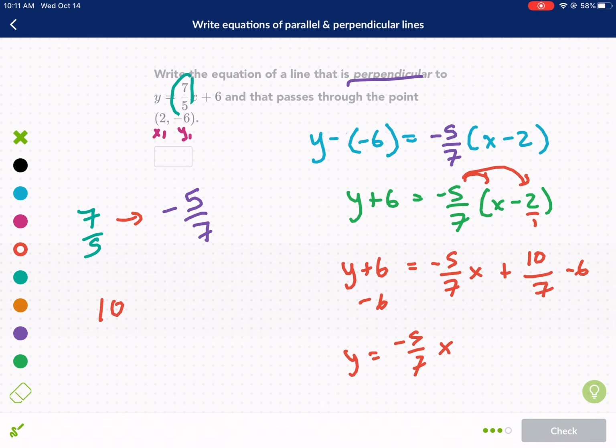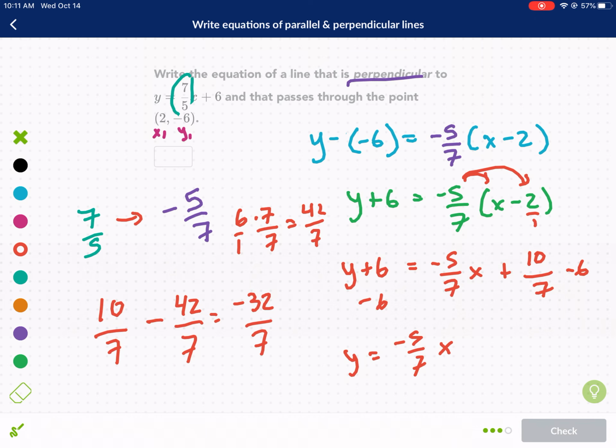And what I'm going to do is convert 6 into a fraction with 7 in the denominator. So I need to multiply by 7 over 7, so it doesn't change the value, and I get 42 over 7. That's the same thing as 6. 42 divided by 7 is 6. So I subtract 10 minus 42 over 7, and I get negative 32 over 7. So minus 32 over 7.